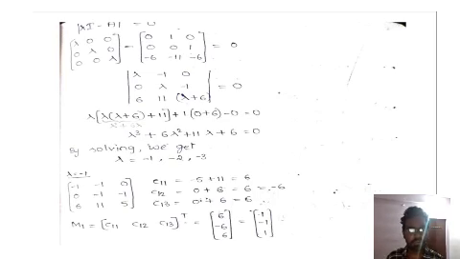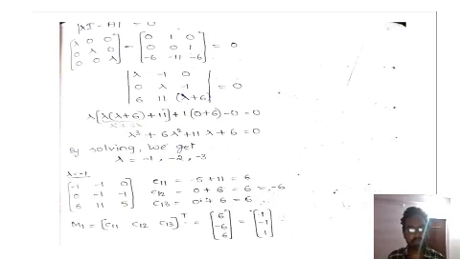And again the matrix, by subtracting we get the matrix lambda minus 1 0, 0 lambda minus 1, and 6 11, and lambda plus 6, equal to 0. Here we get the equation lambda into lambda plus 6 plus 11 plus 1 into 0 plus 6 minus 0 equal to 0.